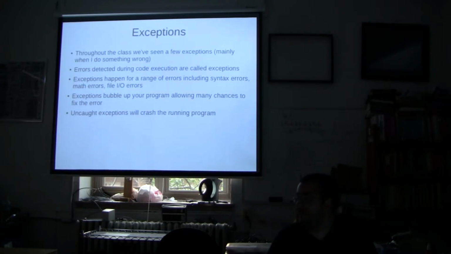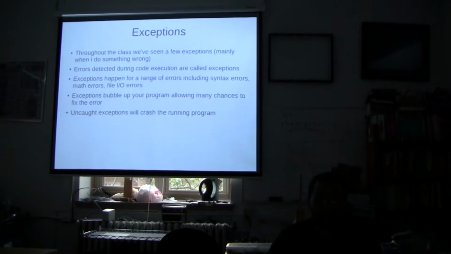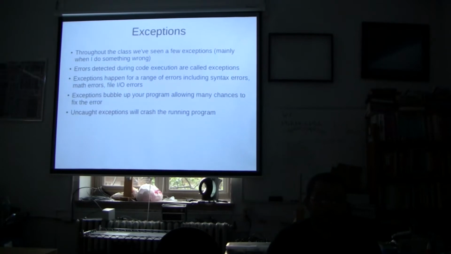If you divide by 0, that's an exception. If you try and access something whose name does not yet exist in your program, that's an exception. So all of the errors you ever see in Python are exceptions. They're all named, so you can see what they are and what's going wrong in your code. And there are fun ways to deal with them so your code does not crash.